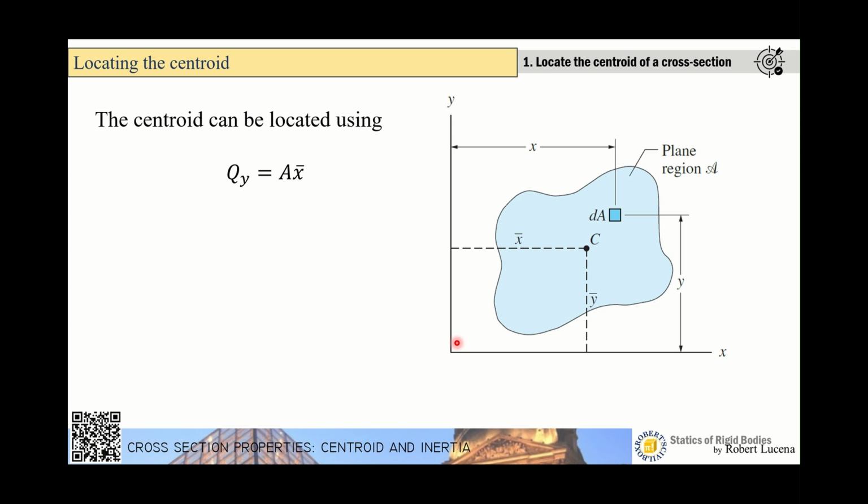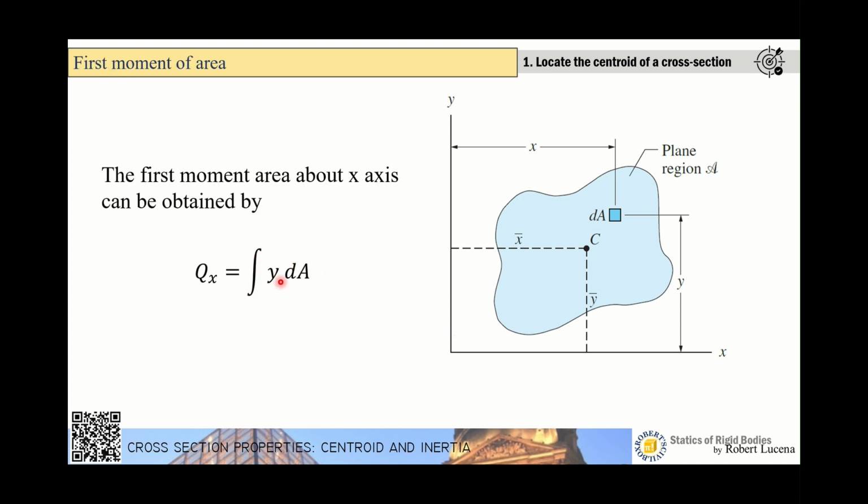So if we perform integration, I said a while ago that this is the moment area of the cross section. But as you can see here, in the term y dA, dA is the area, and the lever arm, or the distance from the reference axis, is measured from the centroid of that differential area to the reference axis.